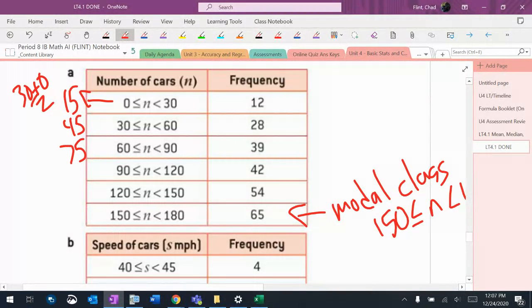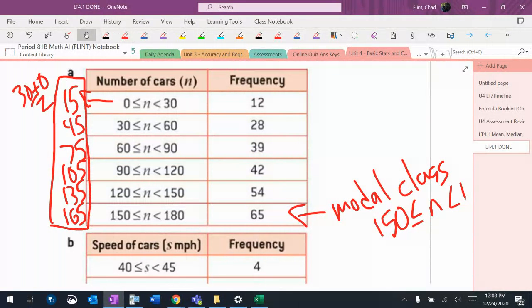Now, what you'll realize is they'll go up by the same amount. So 105, that one's 135, and this one is 165. And that's because the classes are evenly spread out. Now, if the classes were not evenly spread out, you'd have to actually go through and do it. So make sure that you get these numbers right, because if you don't, we're going to have an issue.